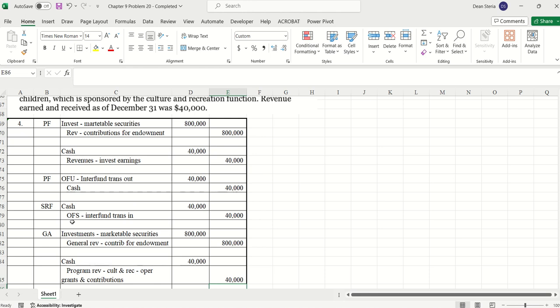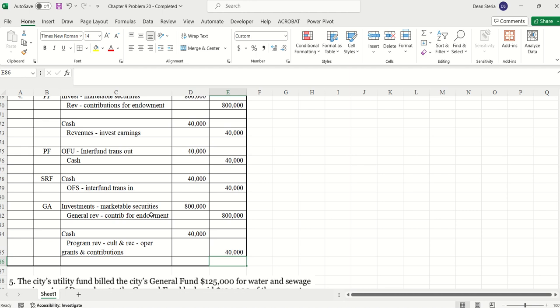The cash goes in there, and then we have our other financing sources, interfund transfer in. Okay. And then the governmental activities is going to keep track of the total. It's going to have investments, general revenue, contributions for endowment, and then we're going to hit cash with the program revenue of 40. Okay, so that's what is laid out in that.